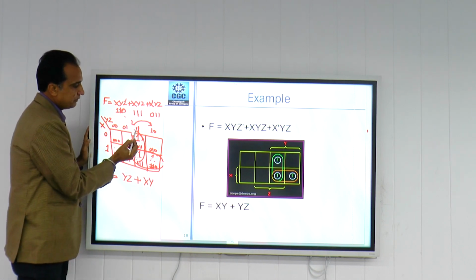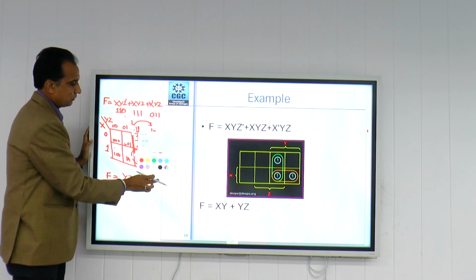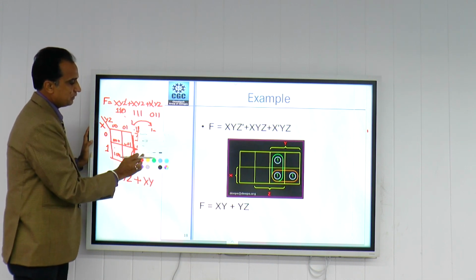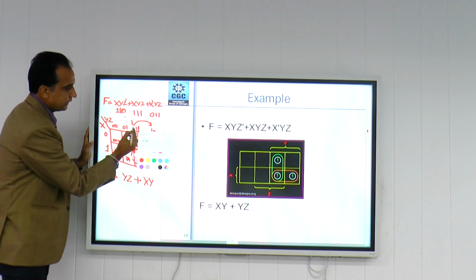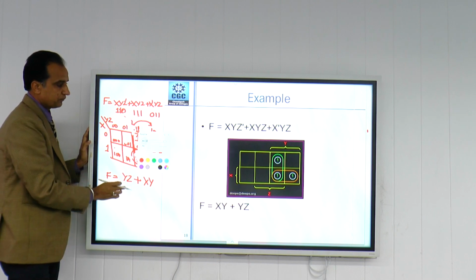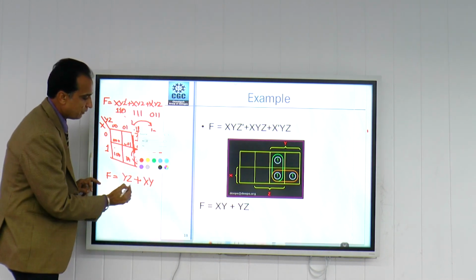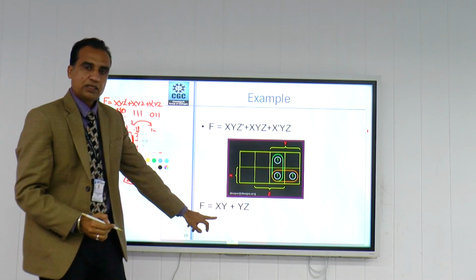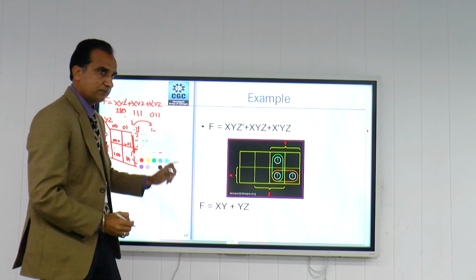But the Z value changes from 1 to 0. So Z will be eliminated. So the final answer is YZ plus XY after the simplification of equation of three variables.